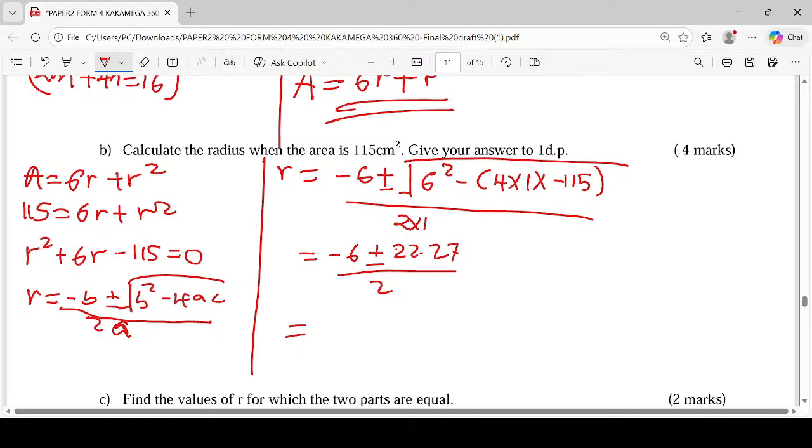That is 496. The square root is 22.27. So now I'm going to have negative 6 minus 22.27 divided by 2. That is negative 14.